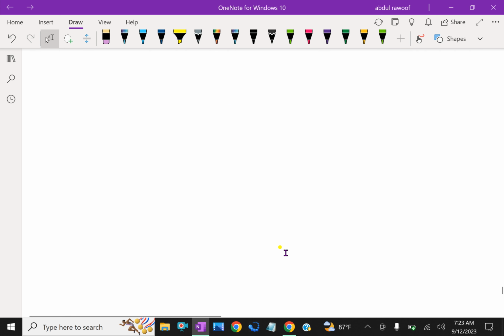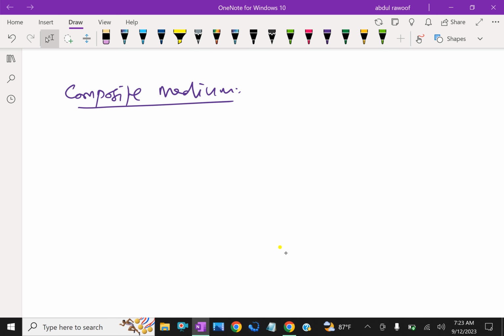Now next one, composite medium. Different mediums are fitted parallelly in between the parallel plates. Then capacitance is epsilon 0 A over sigma d over epsilon r.